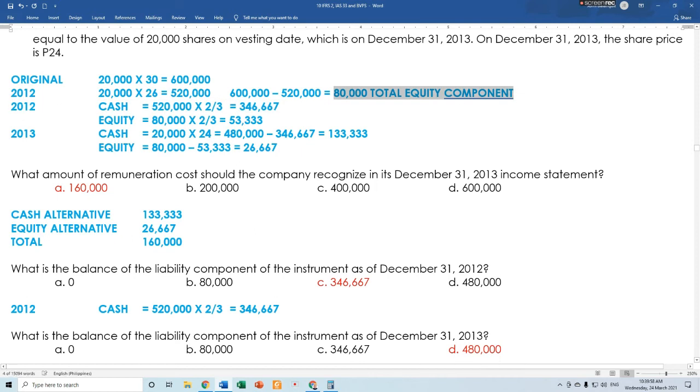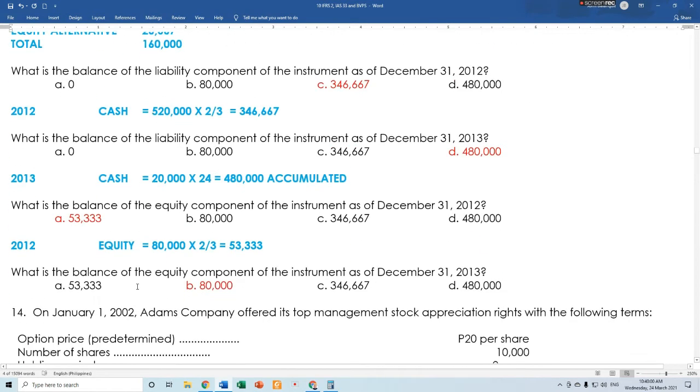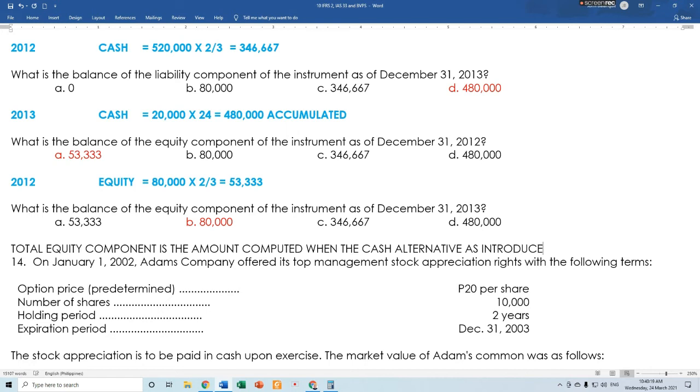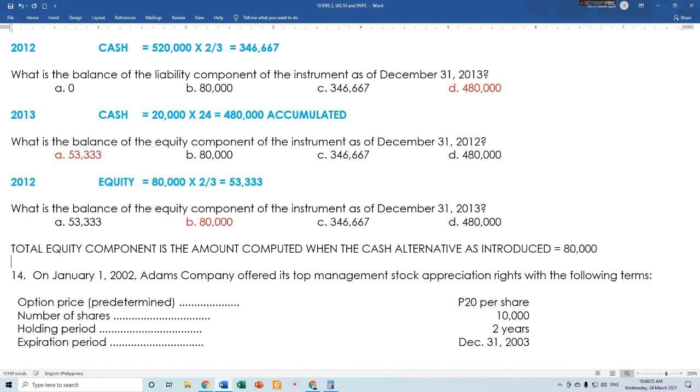So, dito, total equity component is the amount computed when the cash alternative was introduced, which is equal to 80,000.